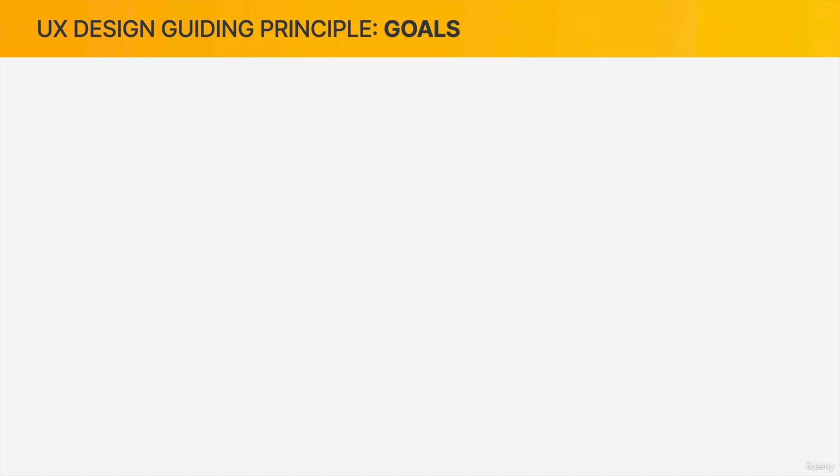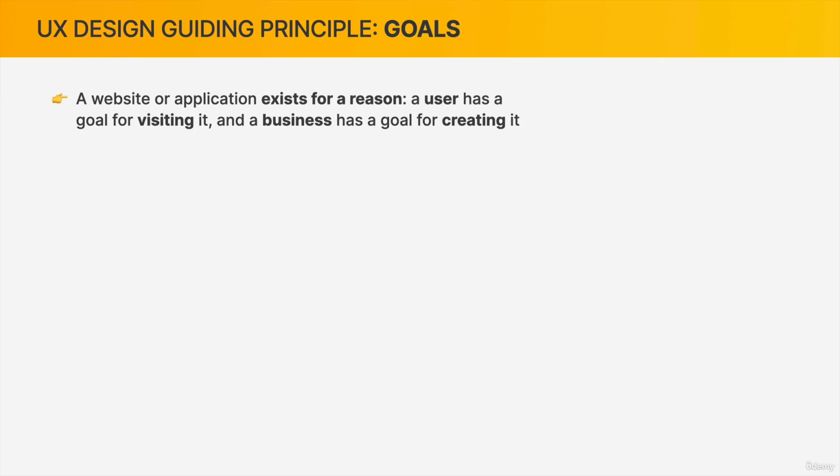Now, when we think about and design the user experience of a product, it's always all about goals. So a website or an application exists for a certain reason. So a user has a certain goal for visiting a page, and the business has a certain goal for creating that page in the first place.